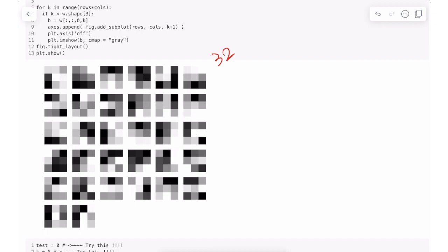As we mentioned, those kernels will be used to go through the entire input. It seems like the kernel is trying to find some patterns, and if the input matches the pattern, the value right here will be high. That's the first kernel to the 32nd kernel.